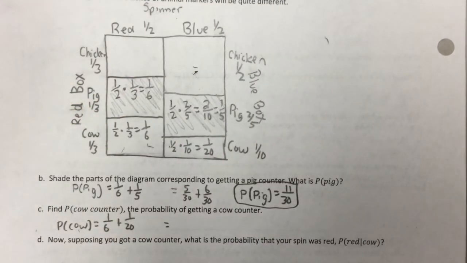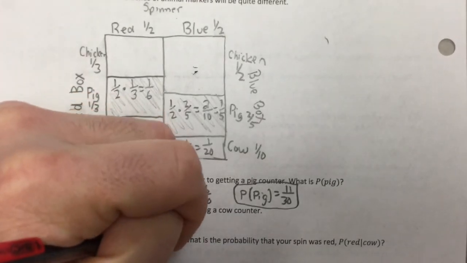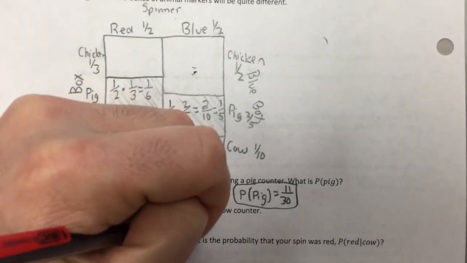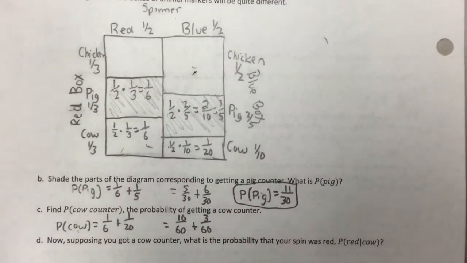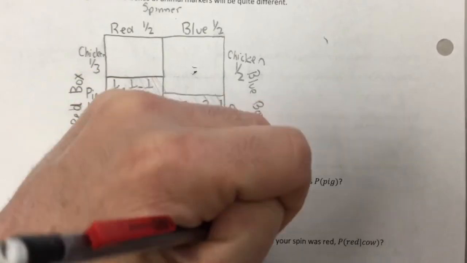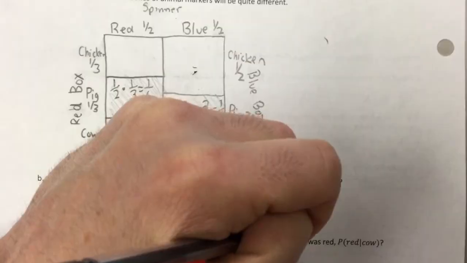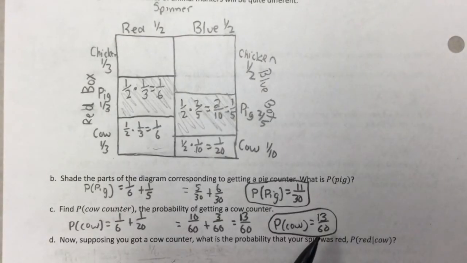Finding the common denominator here would be 30. No, 60, I guess. Yeah, 60. So 10/60 plus 3/60. So 13/60ths is the probability of a cow. Cow is 13/60ths. 10 plus 3 is 13.